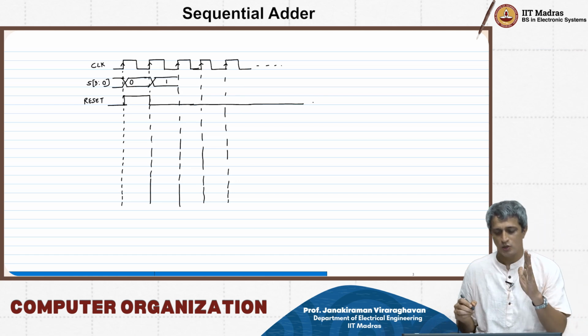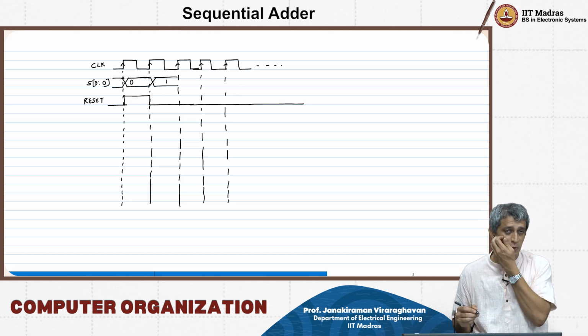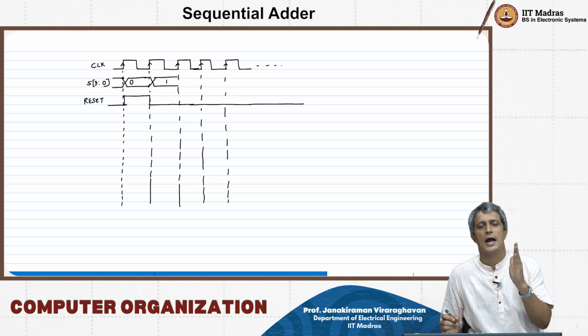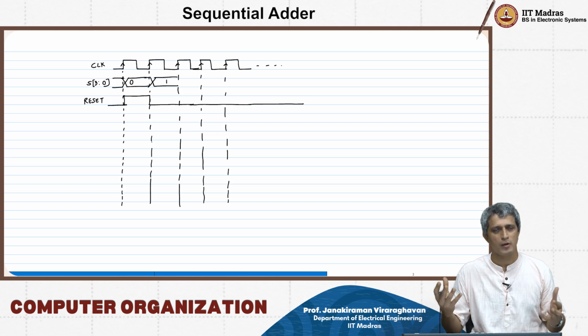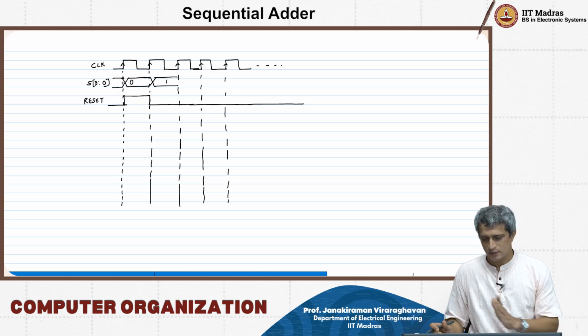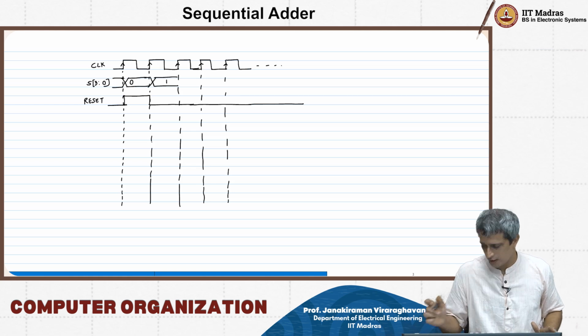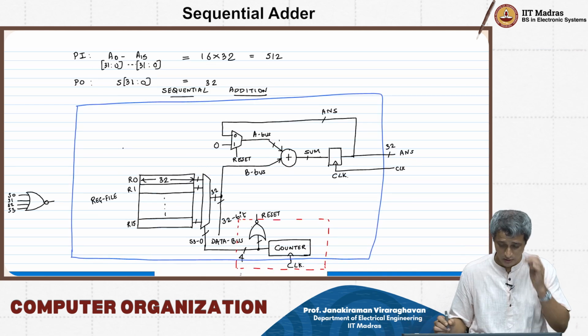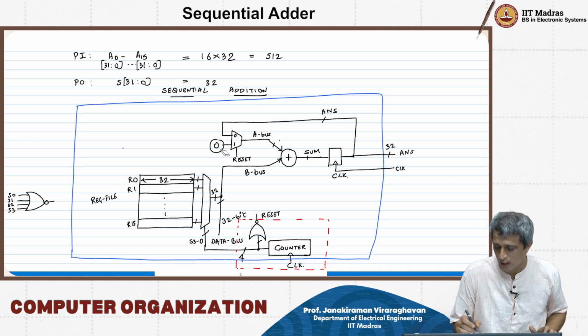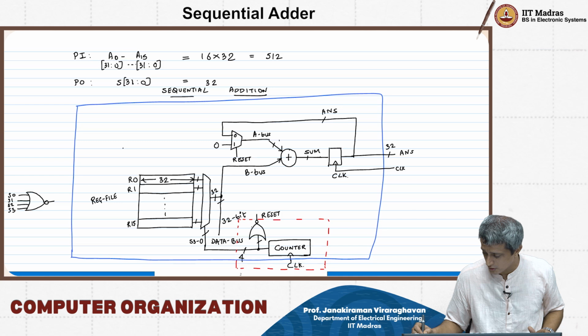So in the first clock cycle, when it is 0, you will have the select line going 0 and the reset signal being generated because all of them are 0, right? And in the rest of the cycles, you will have the reset signal going low. That means only in the first cycle will this 0 appear on the A bus.